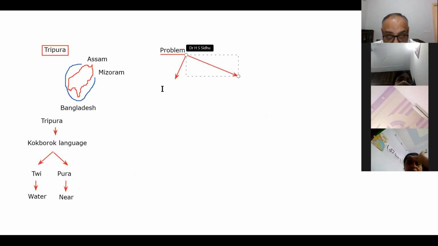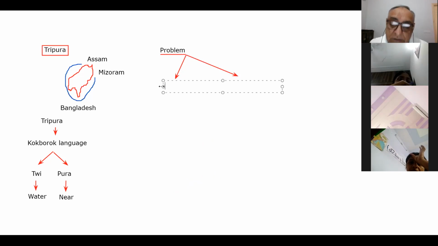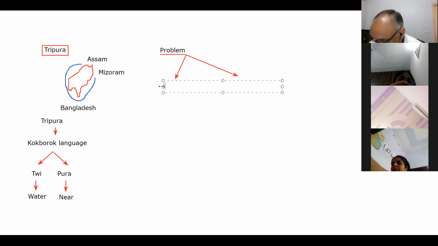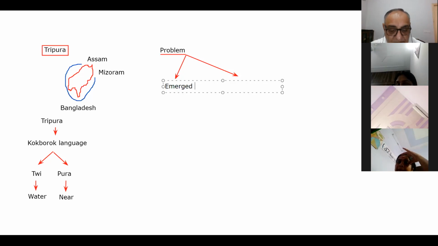So one type of problem is the one which has emerged from the geographical isolation of the state.